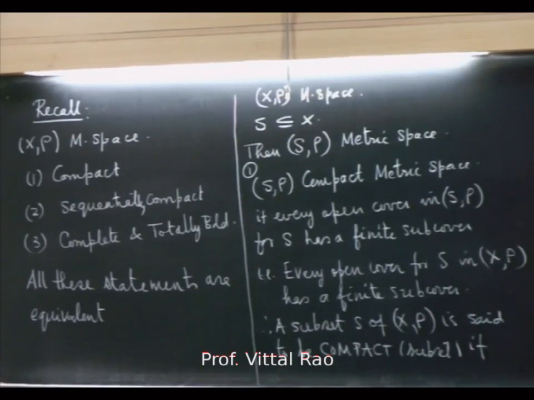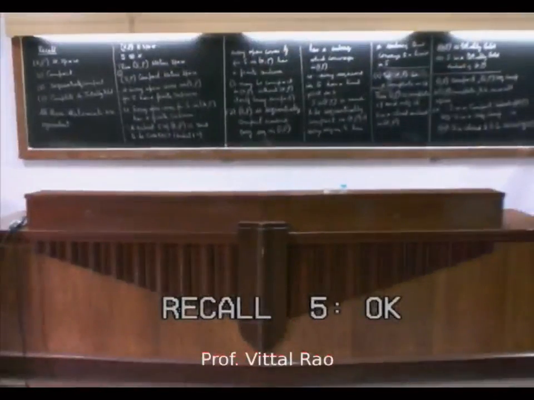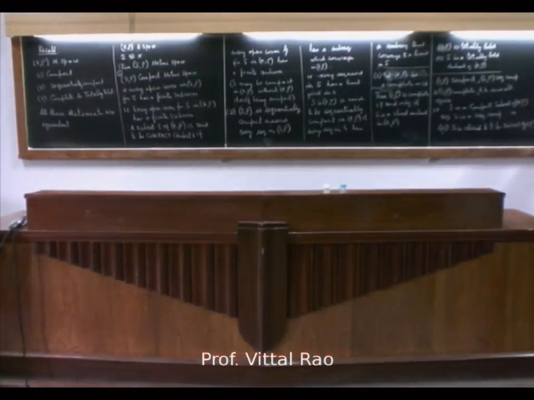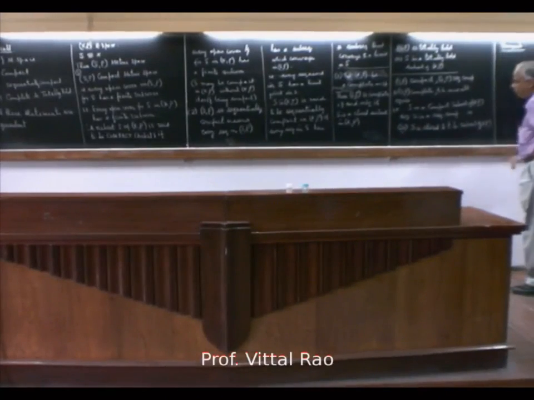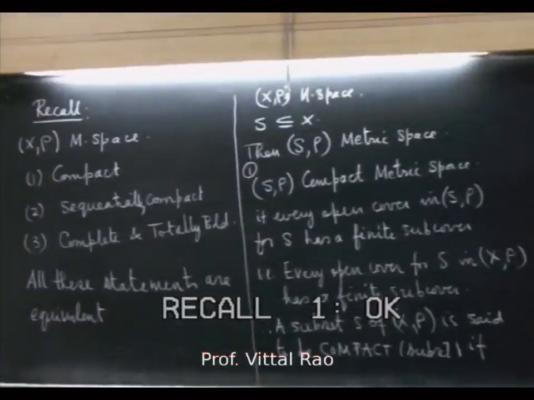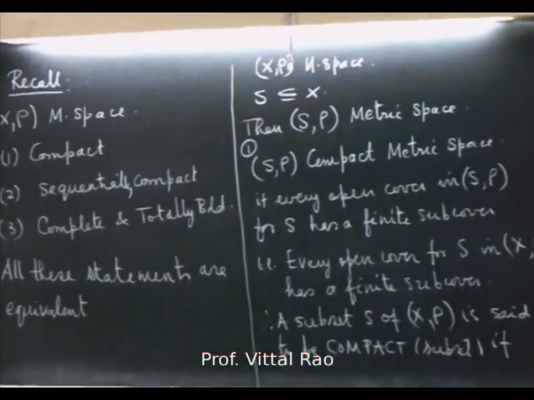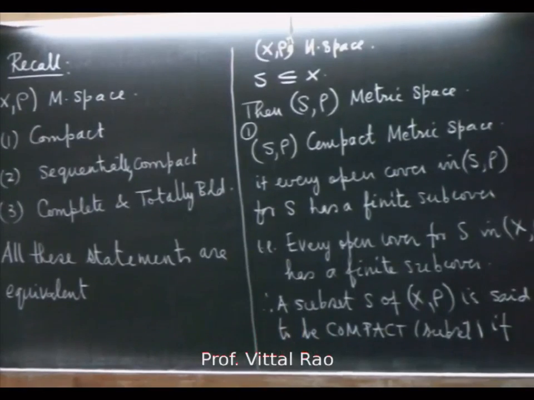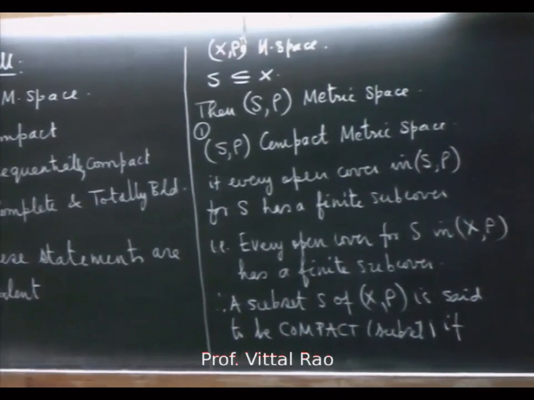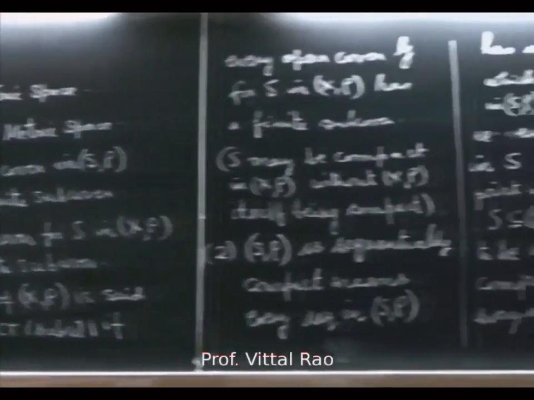Okay. So now let us look at a remark first. In particular, if you are looking at the real metric space, total boundedness is the same as boundedness. So a set is compact if and only if it is closed and bounded.